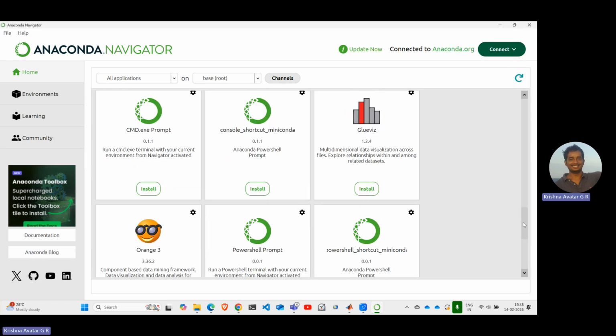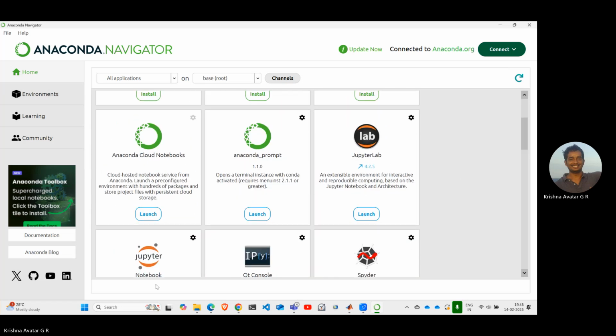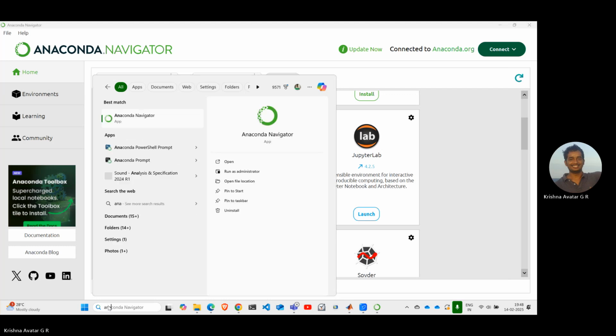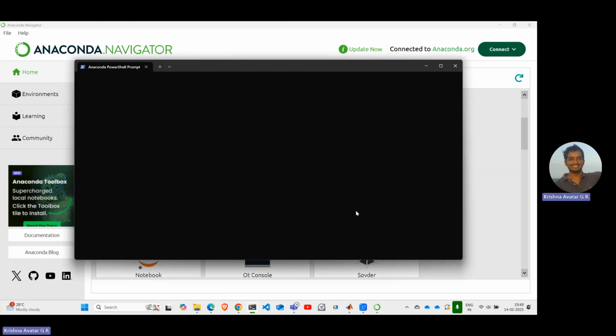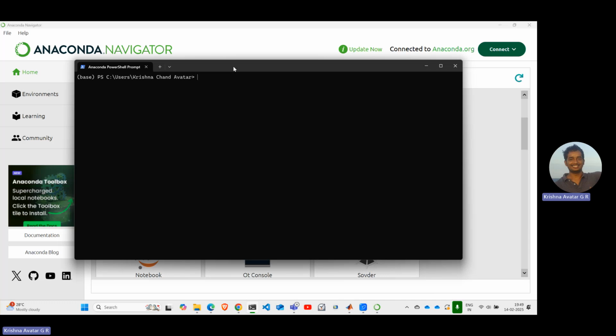I can run it in the Anaconda PowerShell prompt. Let's install this. Let me check whether it is pre-installed or whether I have installed it before.